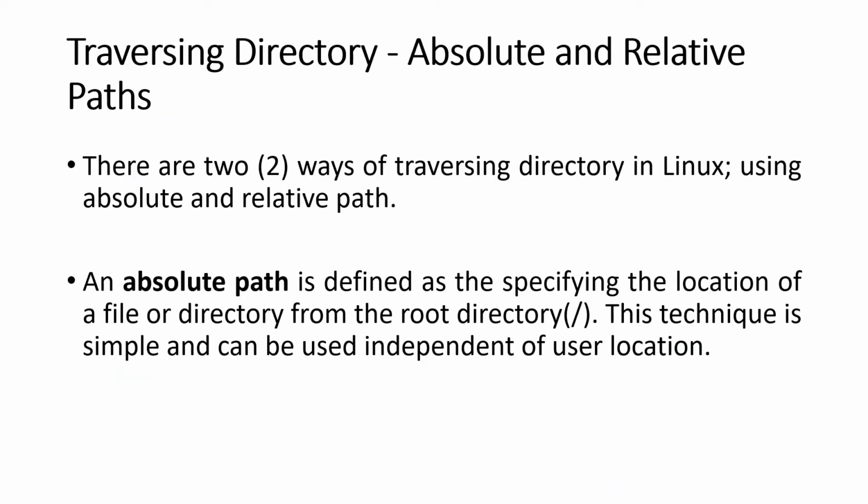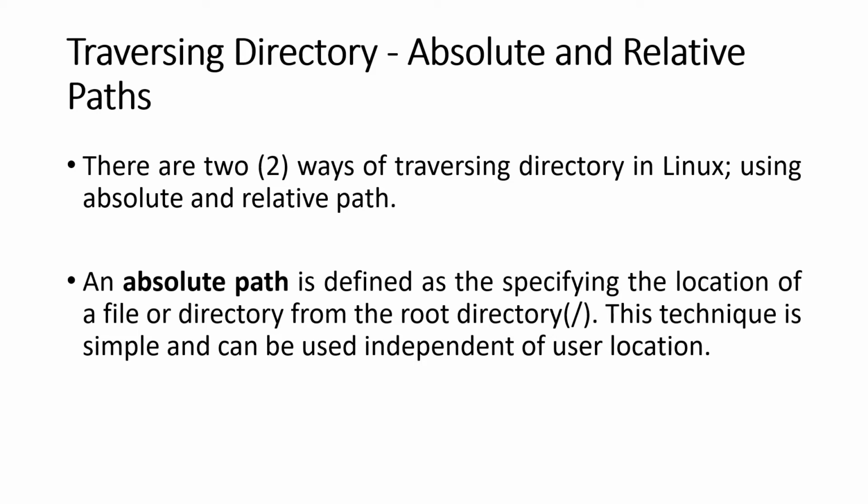Next, how to traverse the directory using absolute and relative path, because we have 2 options and you really need to understand these 2 methods. So we look at the absolute first. So absolute path is defined as specifying the location of a file or directory from the root directory.